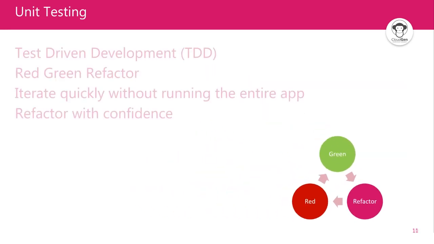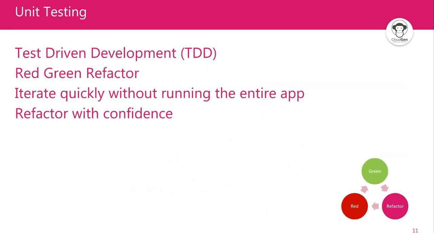We're talking about test-driven development, the ability to refactor with confidence to know that you're not breaking something in your application. It lets you iterate very quickly through building portions of your application because you're focused on a small segment of your app and you're iterating on that piece very quickly.